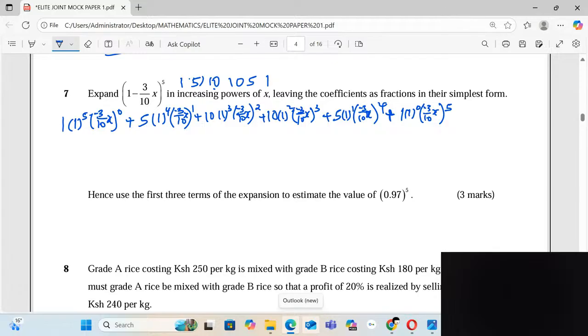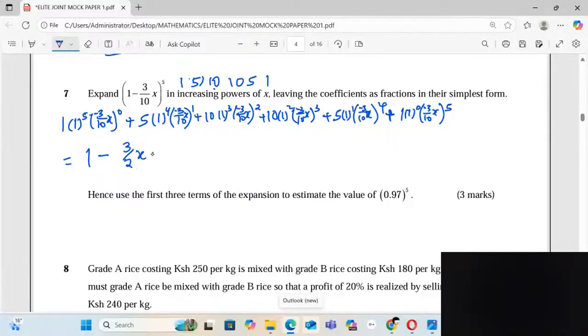Now, we work them out keenly, because a very slight mistake, then the whole thing is a mess. So 1 here multiplied by 1 power 5, then 1 power 0, you're going to get 1. Minus. So the sign now here will be minus. Then when you work this one out, you're going to get 3 over x.